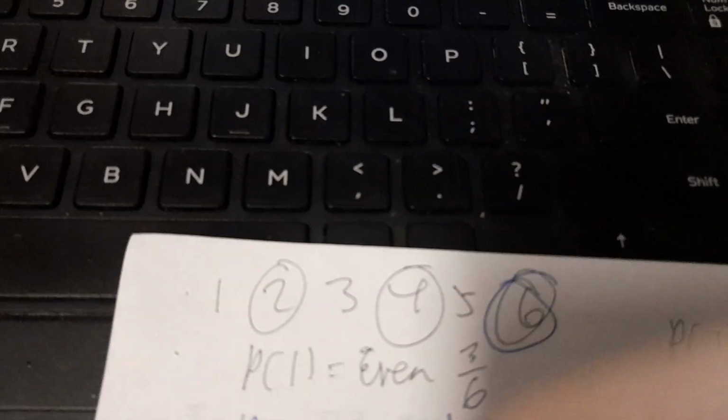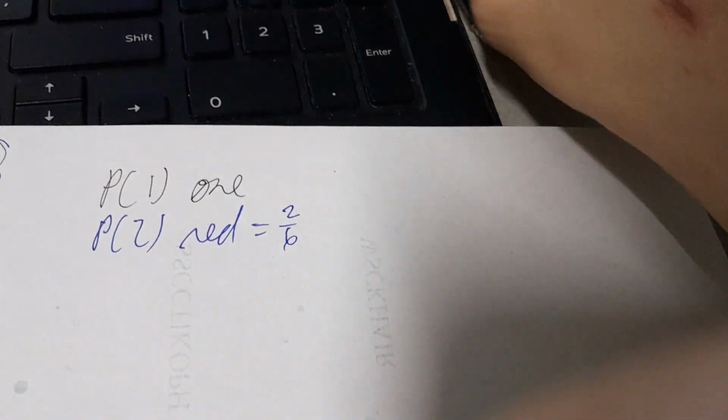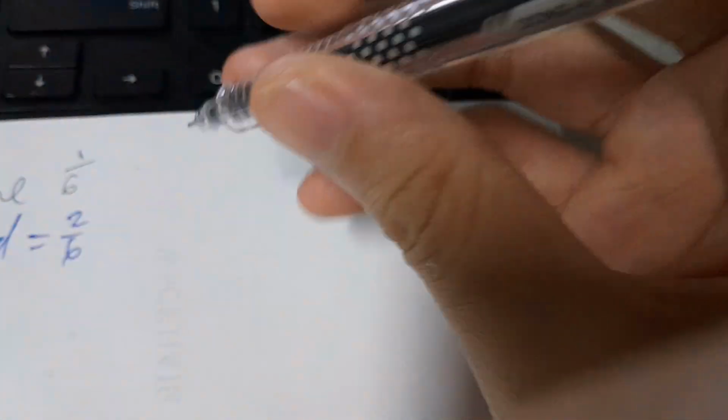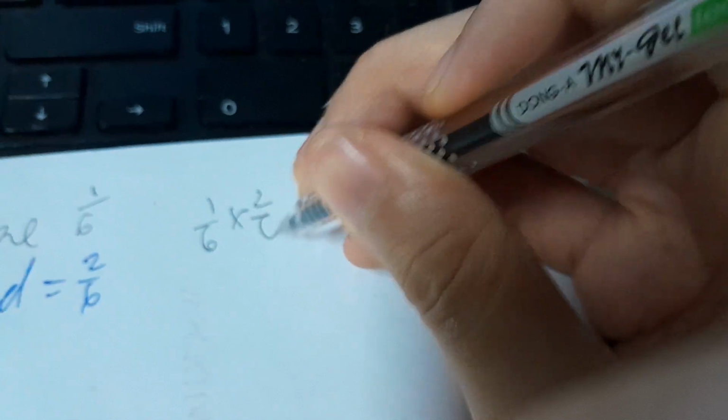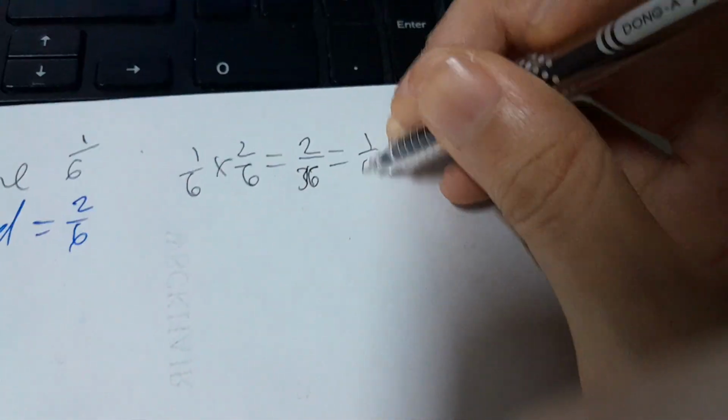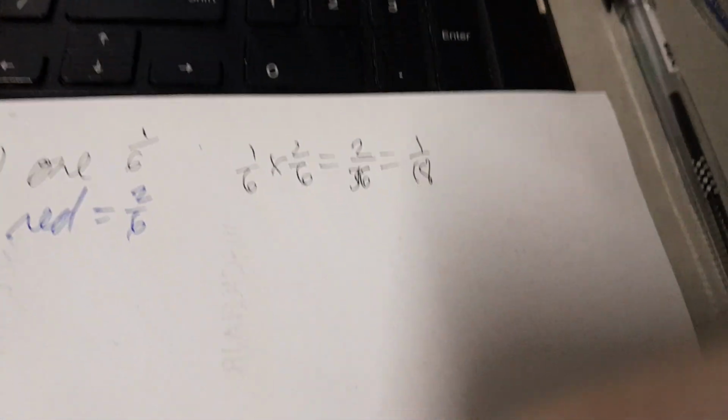In a die, remember, there are 2 red numbers, 1 and 4. So that's 2 out of 6. And getting a 1 is 1 out of 6. Then because it's a multiplication rule, we multiply them together, and we should get 2 over 36, which simplifies to 1 over 18 as a fraction.